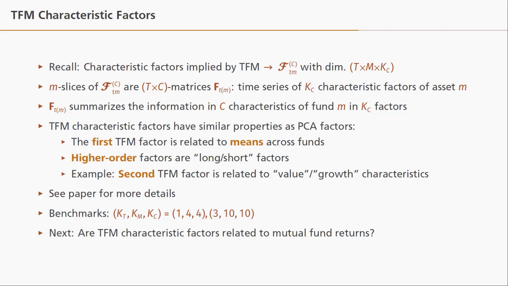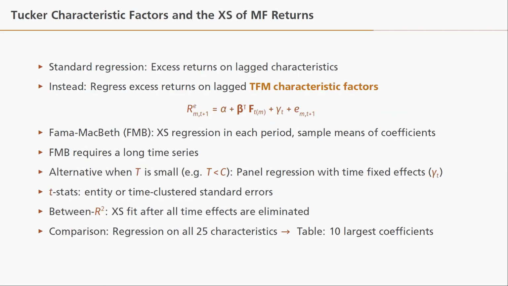Here I will just concentrate on two models, the two most parsimonious models that we saw earlier: the 144 and the 31010. I go in different steps. The first step is I ask broadly, are these KC factors related to fund returns? So far, there's no information on fund returns, so there's no mechanical link to returns whatsoever.